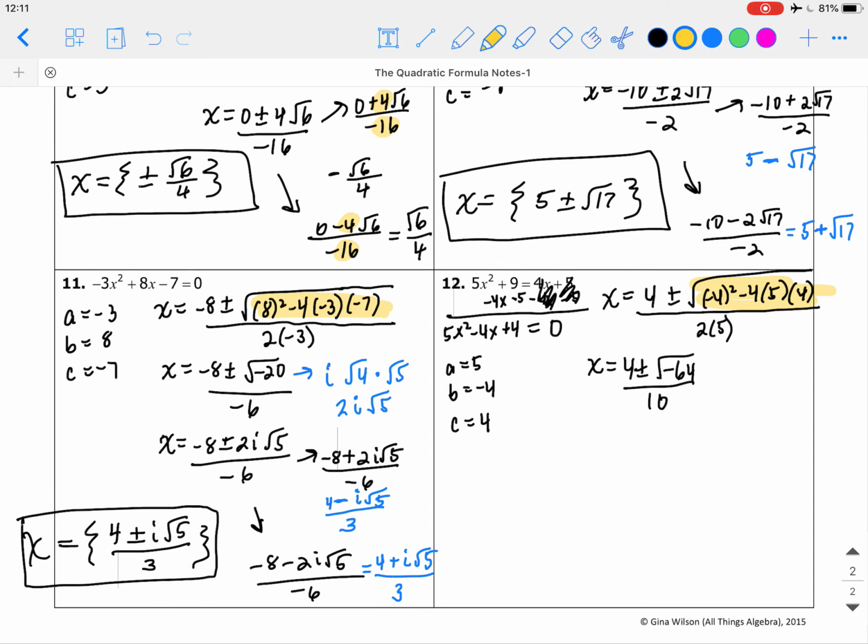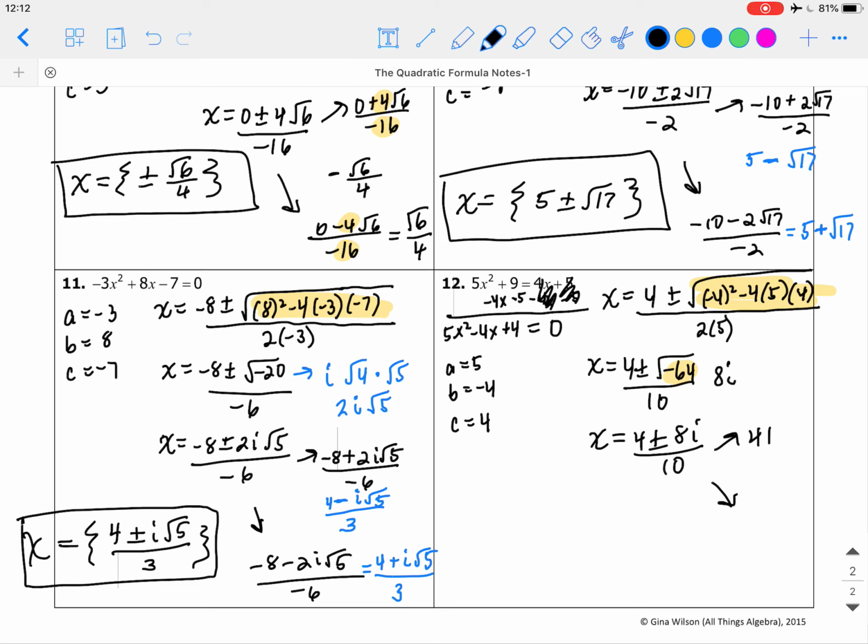Okay, let's go ahead and simplify my negative 64 underneath that radical. So again, as mentioned before, I'm not worried about the negative sign. That just means I'll have an i. And 64 is a perfect square, so that will simplify to be 8. And I'm just going to put the 8 in front. So let's rewrite this. I have x is equal to 4 plus or minus 8i all over 10. And let's simplify.